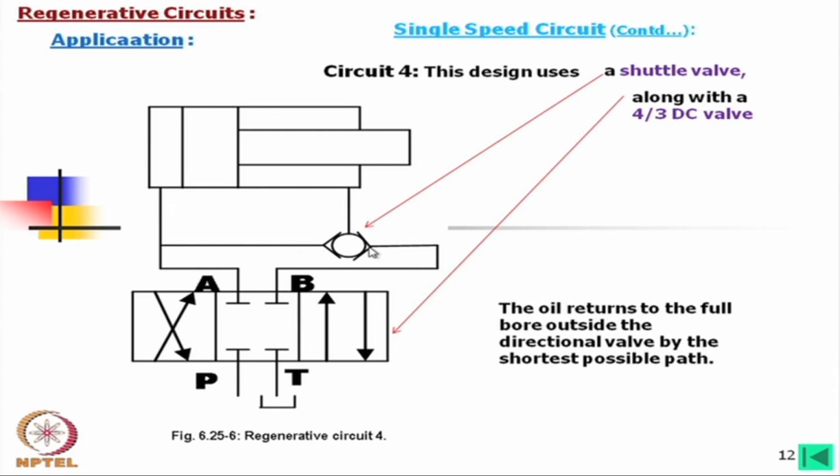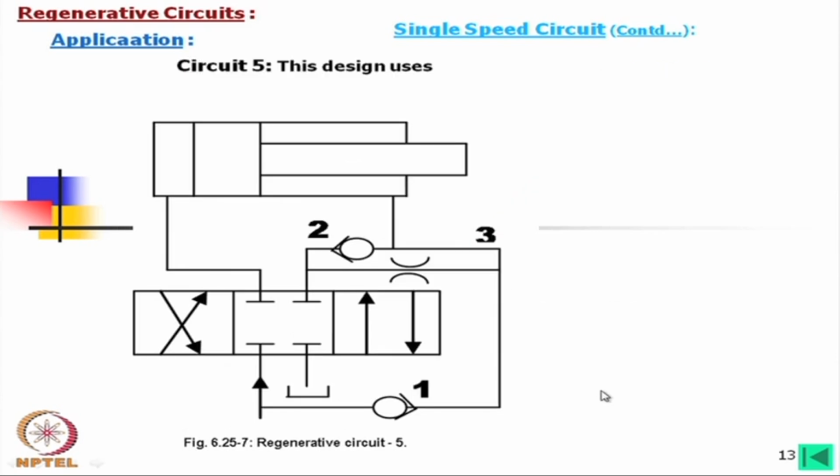It will not allow the oil to go in these directions. But if you see this in other positions, left hand positions, you will find this oil, being the return stroke, is normal using this symbol.